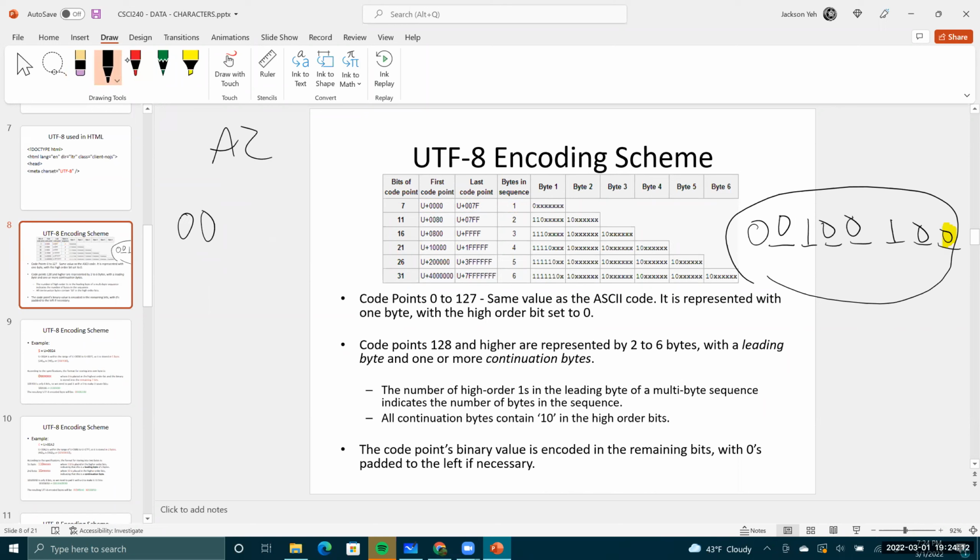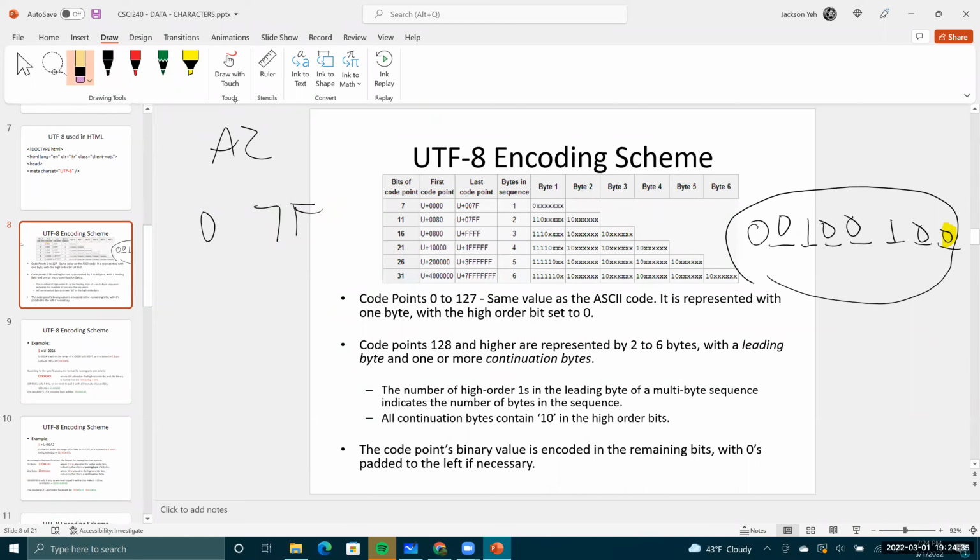We know it's larger than 00. Okay, so that means this is checked. But is it less than 7F? Is A2 larger than 7F? Is A larger than 7? It is, right? So you know that it's not going to be the first row. So it's not in this range.